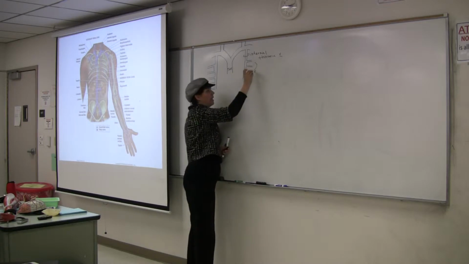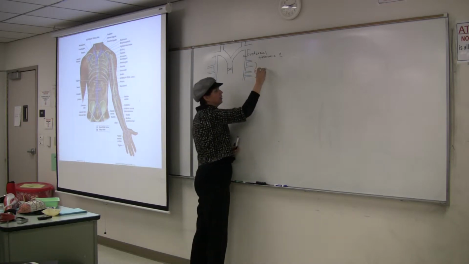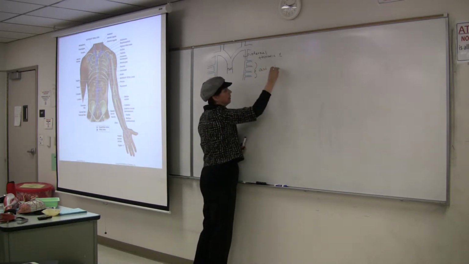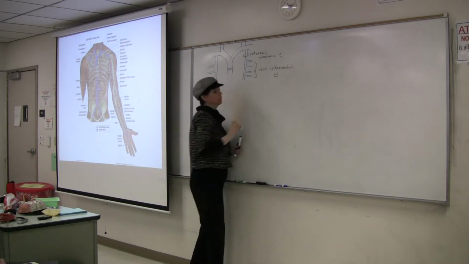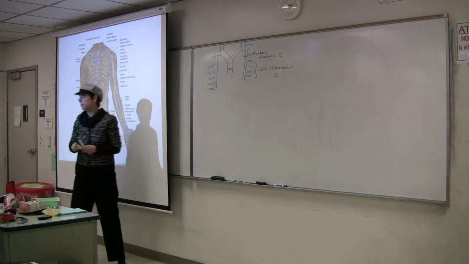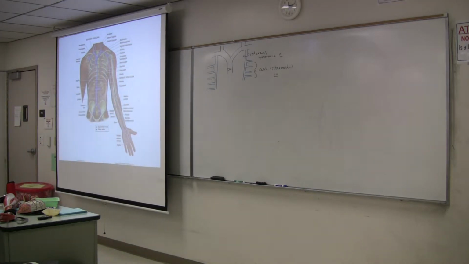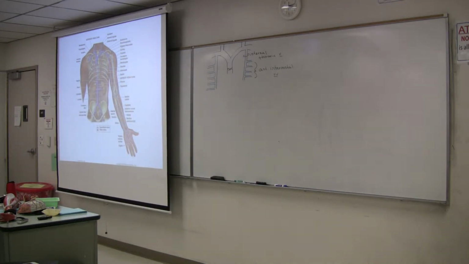So these would be anterior intercostal veins. All right, so remember that breastplate that I showed you on Tuesday with the internal thoracic artery right here?